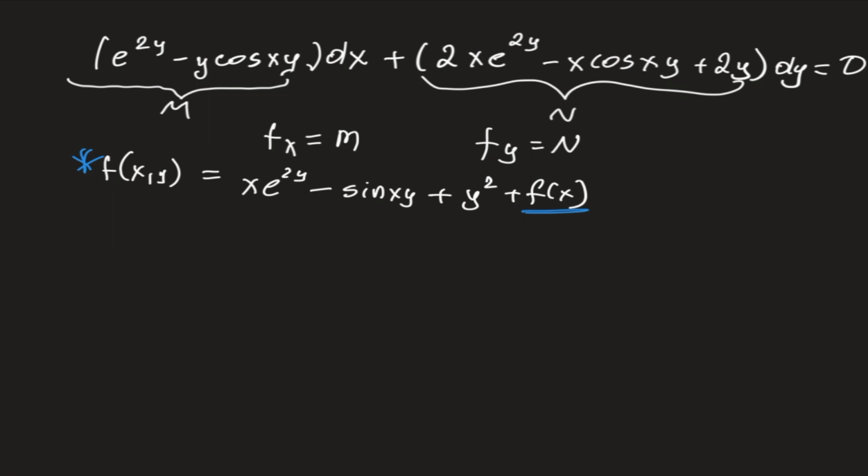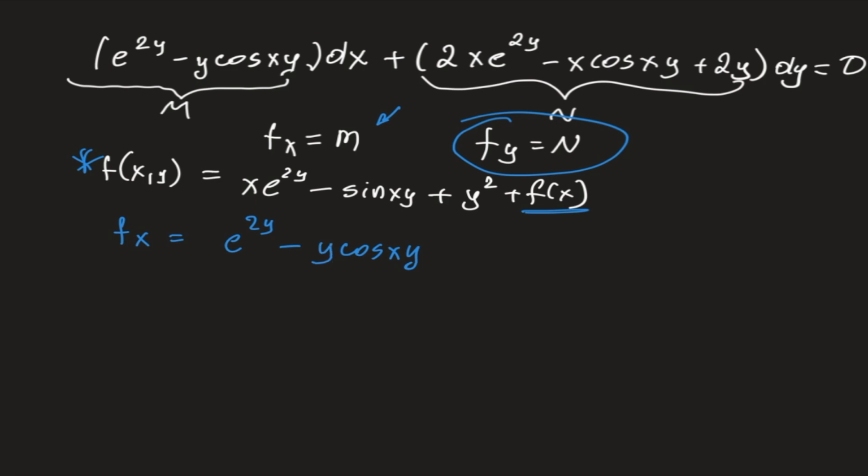So in this example, we used this already. Now we're going to use this part. We say the partial derivative of f with respect to x is equal to m. So let's find the partial derivative of this function with respect to x. Again, e to the 2y is going to be a constant, and the derivative of x is just 1, minus the derivative of sine is cosine xy times the derivative of xy, which in our case would just be y.